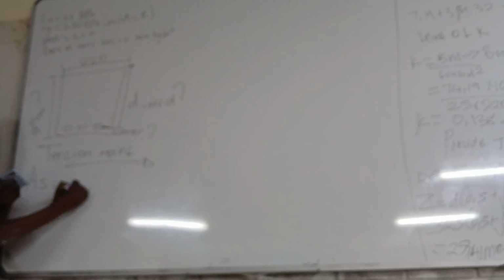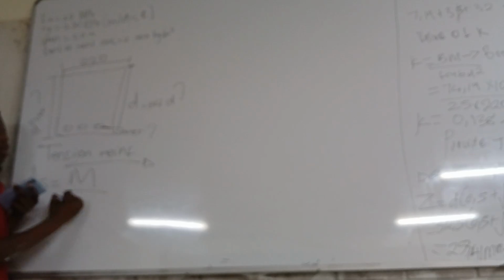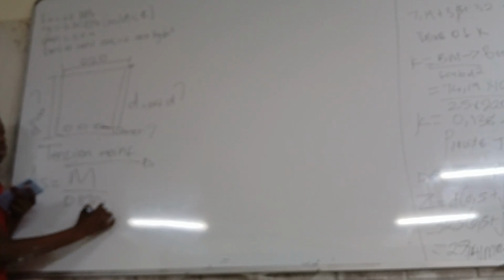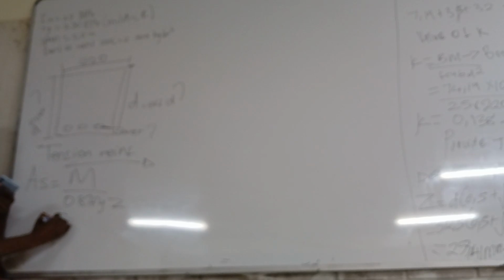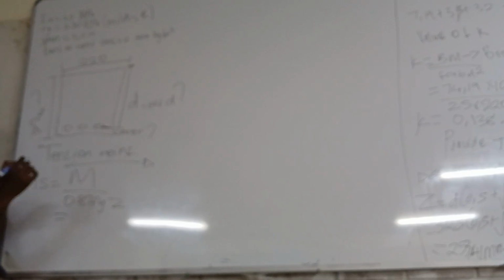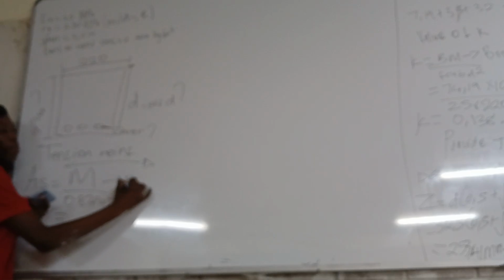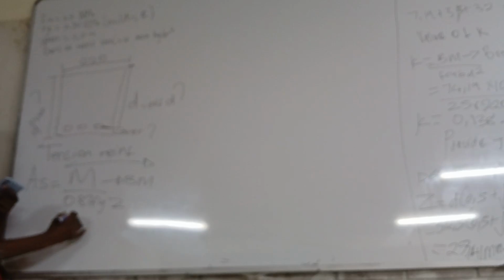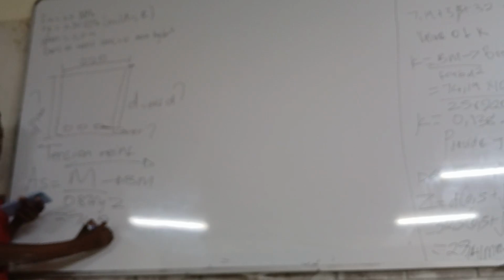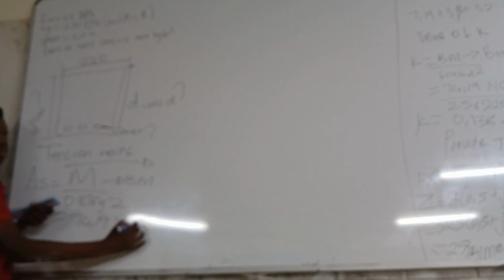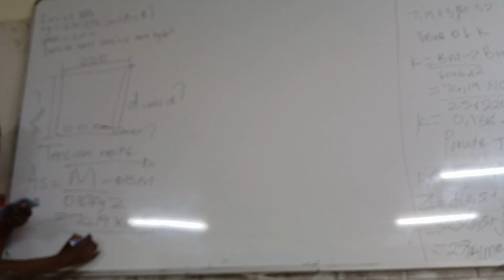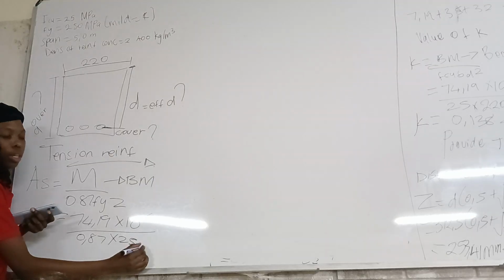As is equal to M over 0.87 fy times Z. What do we substitute for M? The bending moment. What is our bending moment? 74.19 times 10 to the power 6, divided by 0.87 times fy, which is 250.